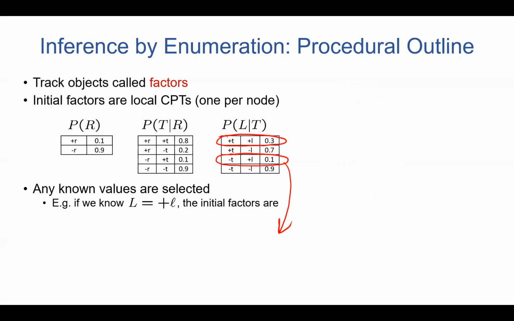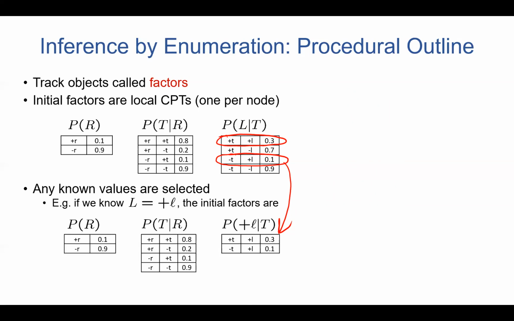What do you do? You look at the same probability tables and remove the entries that do not match, that are not consistent with the evidence. So by looking at all those 3 probability tables, now that we have the evidence, L equals plus L, all you have to do is come up with a new, smaller probability table by looking at only the rows that are consistent with the evidence that we need.